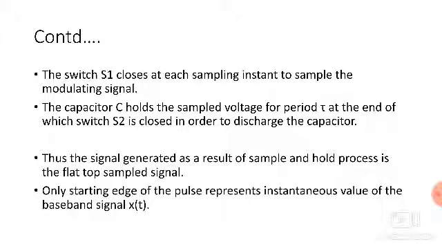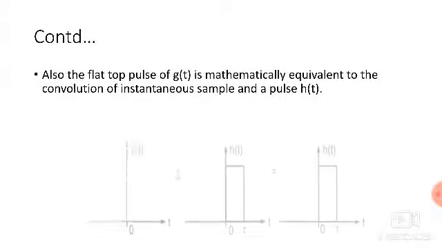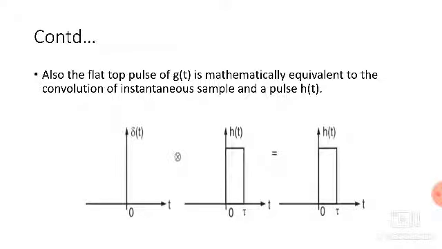In the flat top sampled signal, the tops of the pulses are flat. During sampling, the sample and hold process is done by the capacitor. The flat top signal is obtained like this: del of t is the impulse signal that is convolved with h of t, the unit pulse, to give the instantaneous sample pulse.